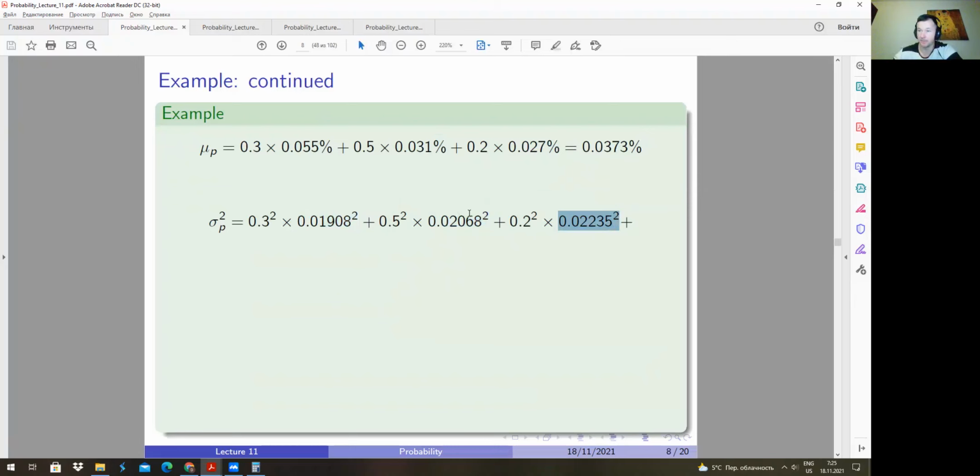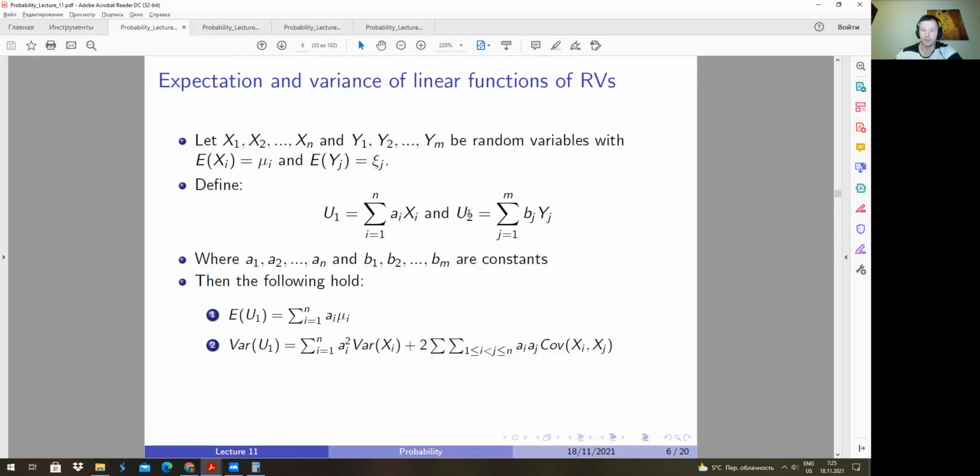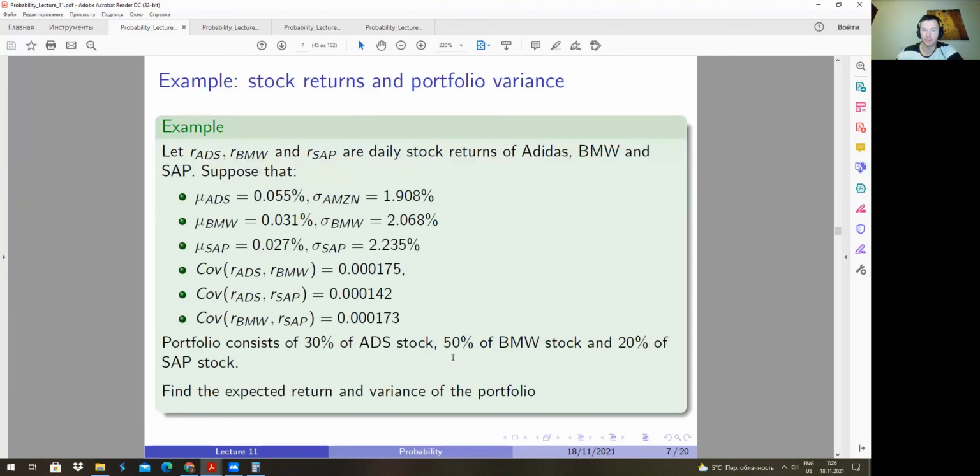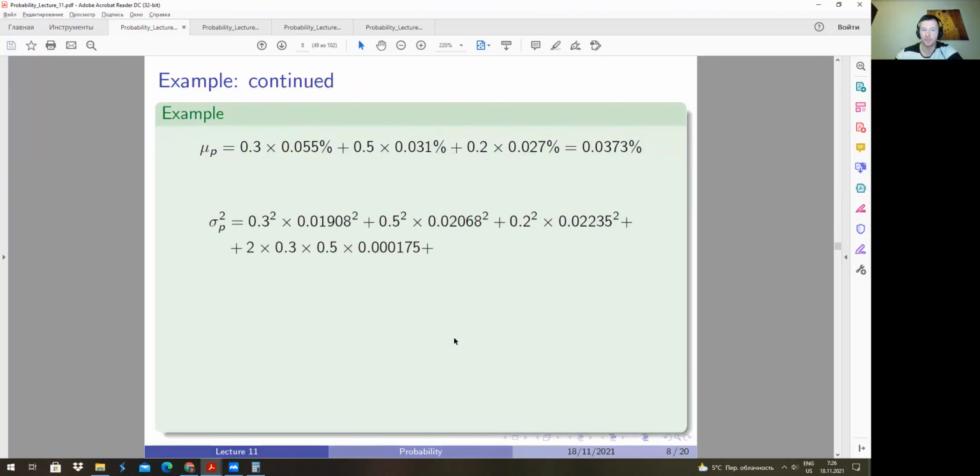So that's the first step. Now I need to calculate that sum from here. This is just a pairwise multiplication of covariances by the respective weights and the coefficient 2, which is here. So 2 times the weight of Adidas times the weight of BMW times the covariance between Adidas and BMW.